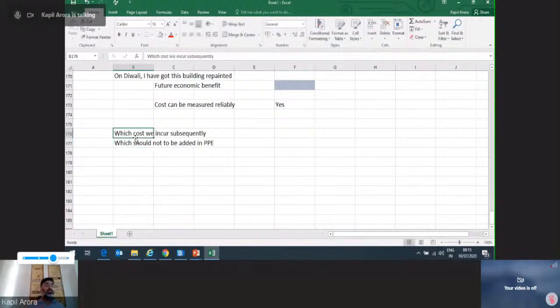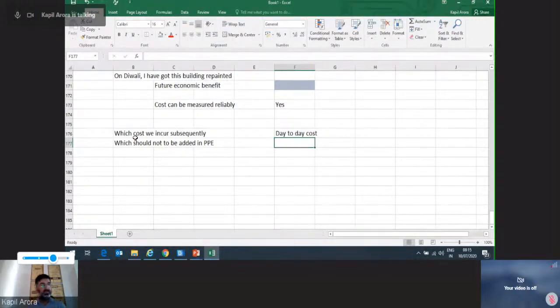Those costs which should never be added in the property plant and equipment. Which are those costs? Day-to-day cost which we incur on property, plant and equipment.